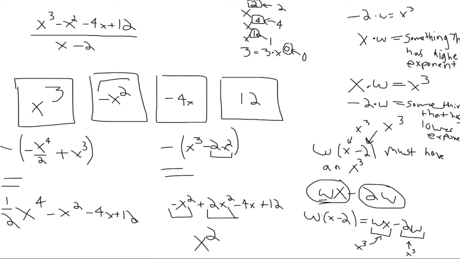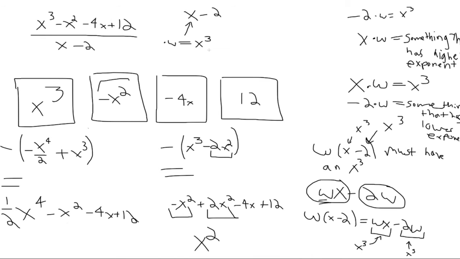Just one more time, just to make things clear, because that might have been confusing. If we choose the lower degree term, right? So I'll write it out. Let's say we have x minus 2, right? If we chose this to multiply by w to equal x cubed, then it works, because the other term is just going to end up producing a term that has a lower exponent, right?